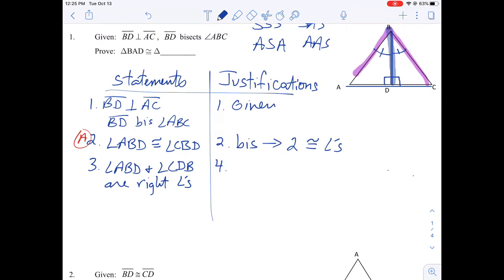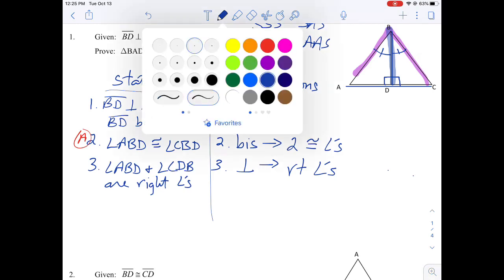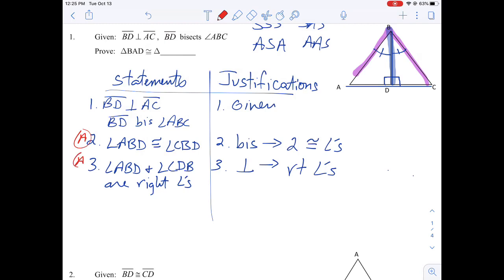Well, what from the given? Well, it's the perpendicular part from the given that told us that those are right angles. So we can say perpendicular implies right angles. Oops, that would be a 3, not a 4. So we do want to number our statements to match our justifications, as it goes horizontally across. Okay, so that gives us another angle. So I'm going to mark that we have another angle.